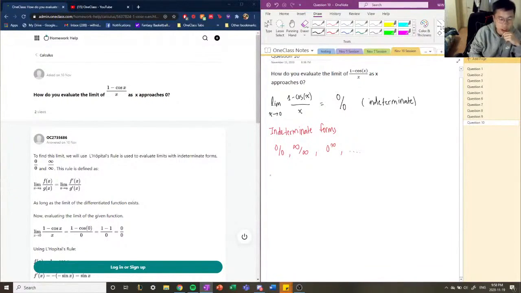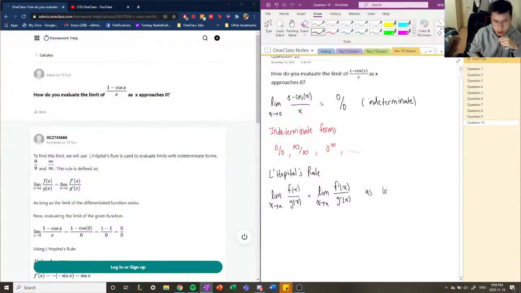The only criterion for L'Hopital's rule is this: it states that the limit as x approaches a of a quotient of functions is equal to the limit as x approaches a of their respective derivatives, as long as the limit as x approaches a of f prime of x over g prime of x exists.